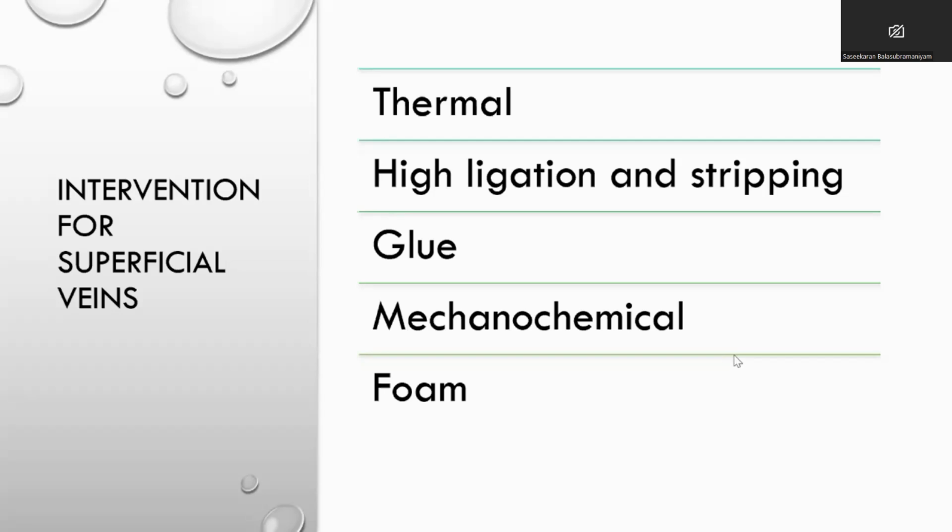I know the laser is not freely available in all hospitals, but if the patient needs treatment, yes, we might need to consider high ligation. But think about it: if the patient is obese, and you think this patient can have lymphatic damage and lymphedema in future, refer to a vascular surgeon for an endovascular procedure rather than going for open surgery.